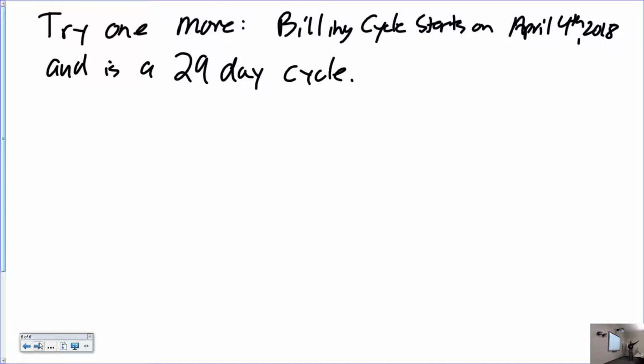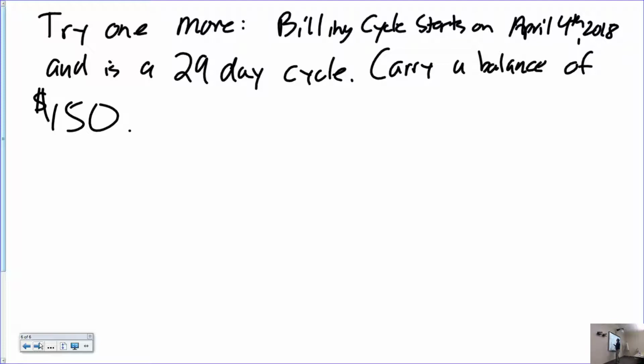And let's imagine, folks, that I carry over a balance of $150. Let's suppose that last month when I paid my statement, I just didn't have enough to pay it in full. So I sent them enough money so that after they charged me a finance charge, I wound up owing $150 exactly. It was serendipitous.